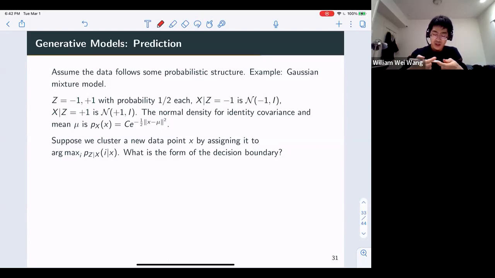When you want to do prediction with a generative model, you can learn a model and then cluster new data, right? So these generative models give you a way to actually cluster a new data point.